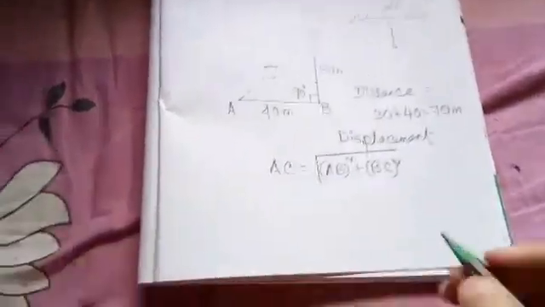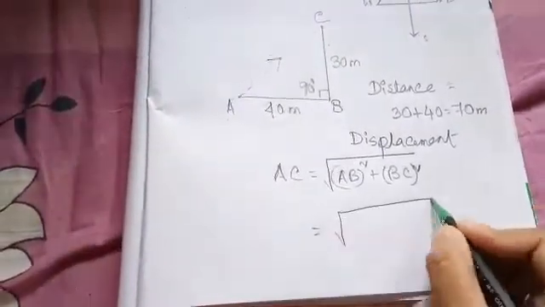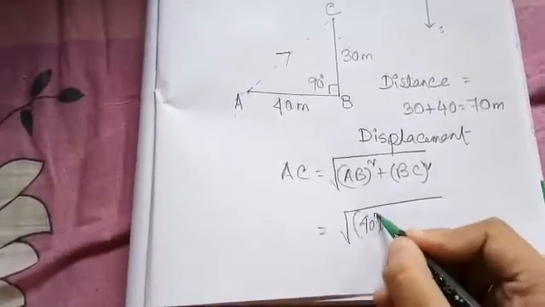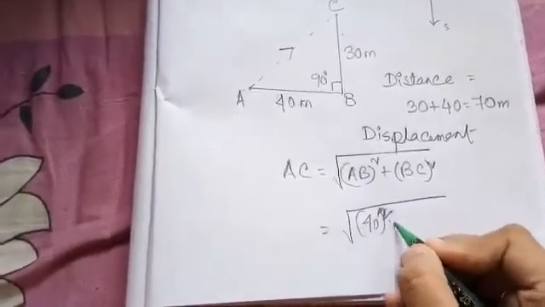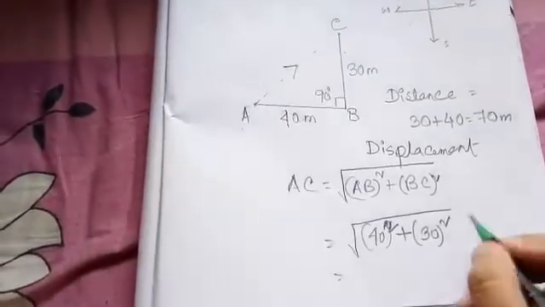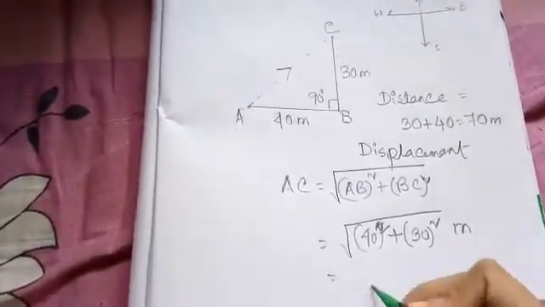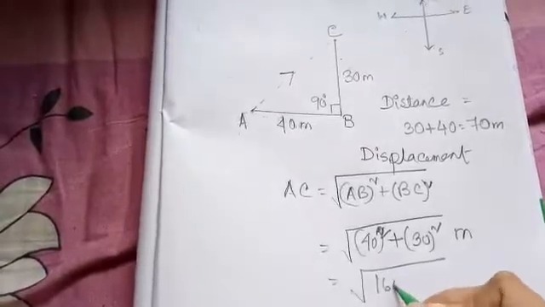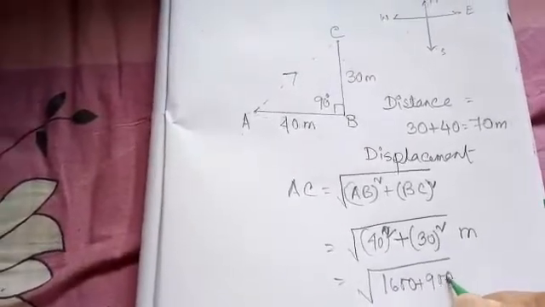So now AB square will be how much? 40 square plus 30 square. So it will be in meter. So it will become 1600 plus 900, right?